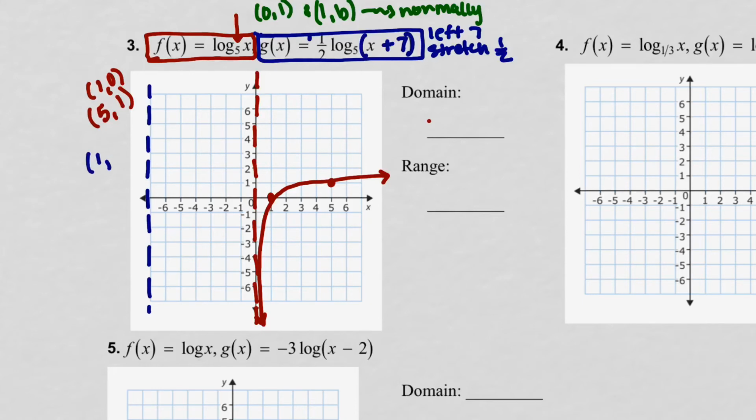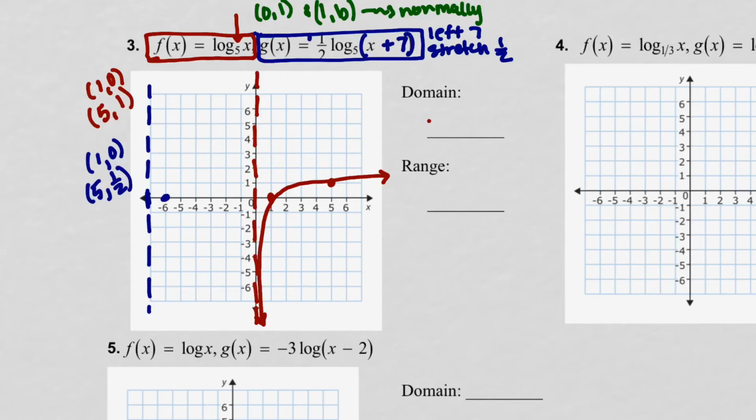So instead of (1, 0), 0 times 1/2, well, that's still 0. And then for (5, 1), what's 1 times 1/2? Well, it's 1/2. So from my new asymptote right here, I'm going to go over 1 up 0.